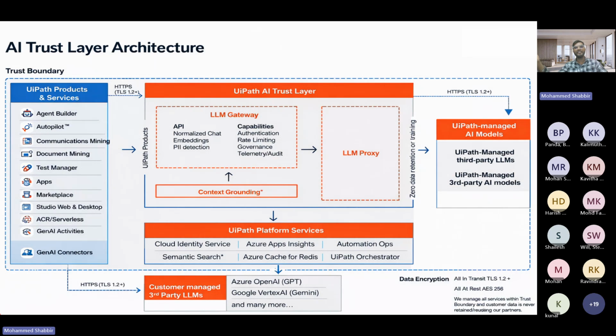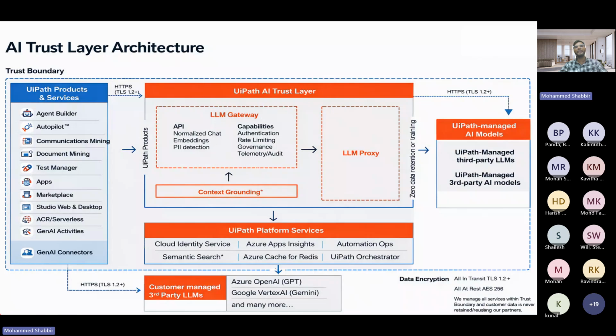If we are using any proxies, that will be decided there. This UiPath trust layer LLM gateway acts like a central API layer that standardizes all your AI calls, so all your AI calls are standardized and then sent.